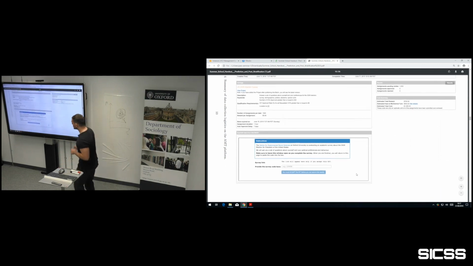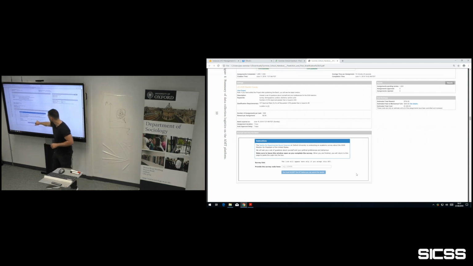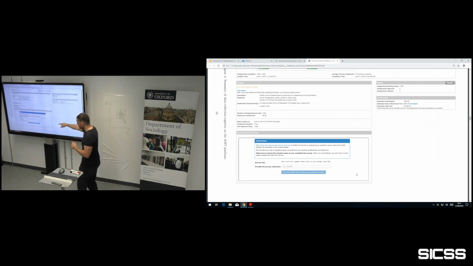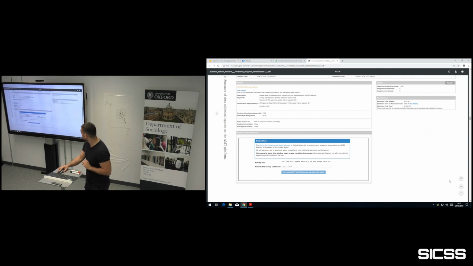Where it says the link will appear here only if you accept the hit, the link to our survey would appear. They would click on it. They would conclude the survey. And then at the end of the survey, a unique code to each individual Turk would be shown. And then they had to input that code so that we could match the responses to the Turks. Does that make sense? Okay.